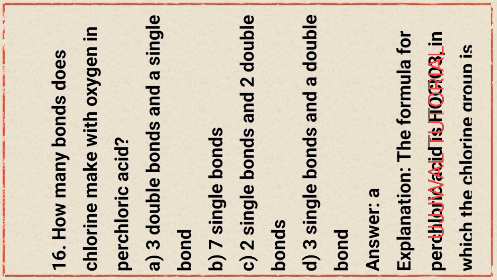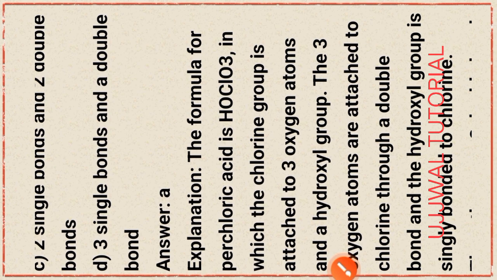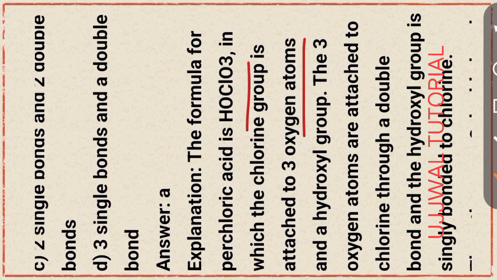Explanation for this part: the formula of perchloric acid is HOClO3, in which the chlorine is attached to 3 oxygen atoms and 1 hydroxyl group.